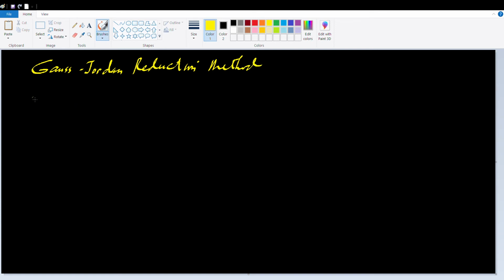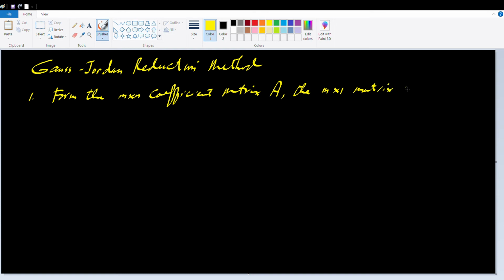Okay, so the first step is to form the m by n coefficient matrix A, the m by 1 matrix B, and the n by 1 matrix X.